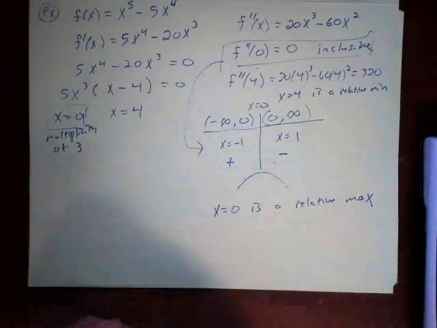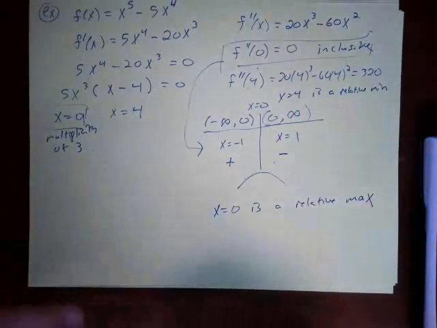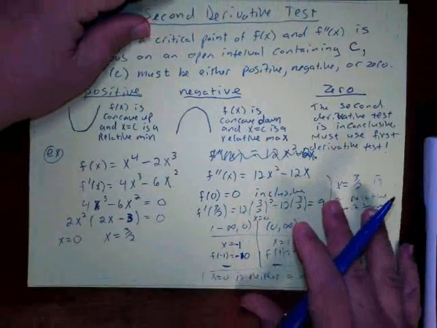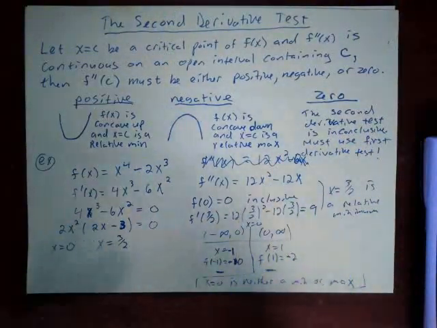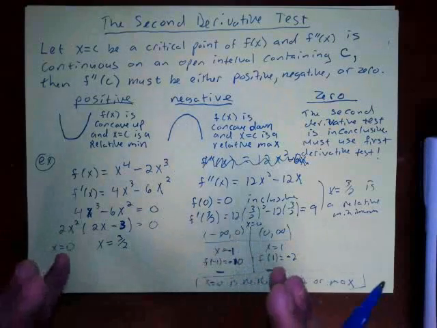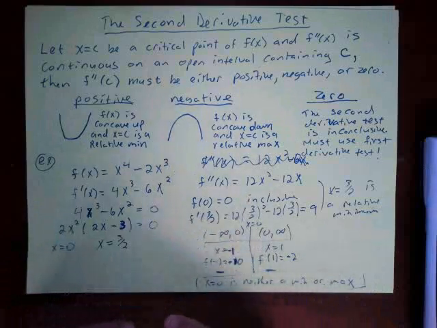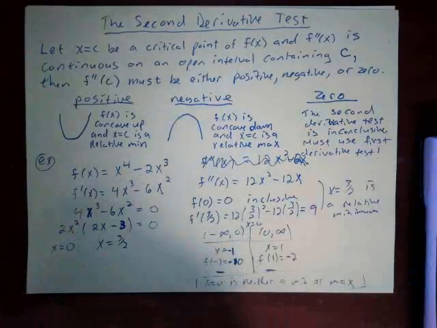So just because it's inconclusive doesn't mean that there's neither a min or a max. If it's 0, it means that the second derivative test is not conclusive. It's not going to give you what you want. You have to use the first derivative test, and in that case, there could be a min or a max, or there might not be. It just depends on the critical point.